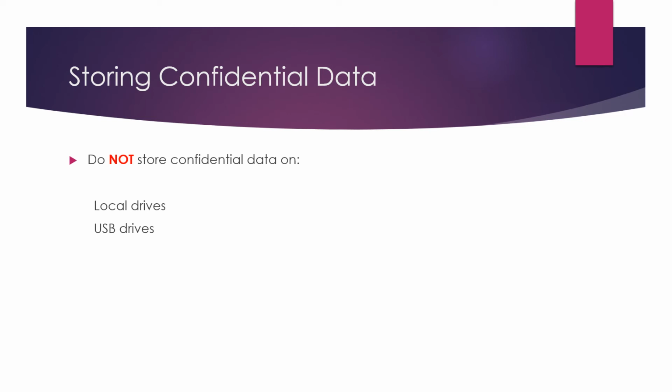Again, because if those devices are compromised or fall into the wrong hands, the data could in fact be compromised. So it's very likely that many corporate AUPs particularly will have these types of restrictions in place. So keep that in mind when storing confidential data. Follow your AUP's procedures.